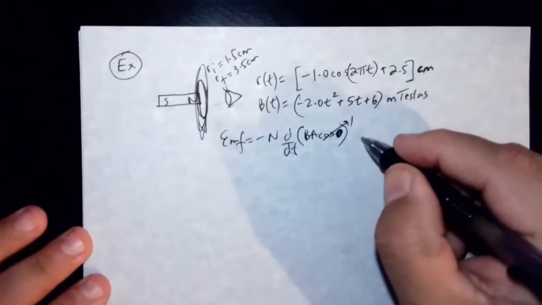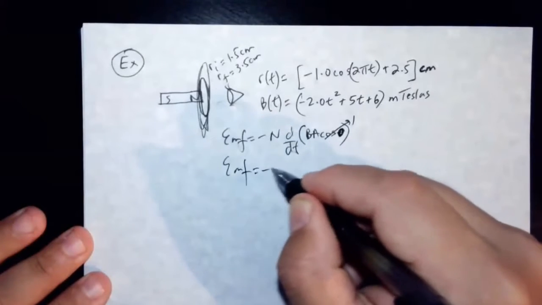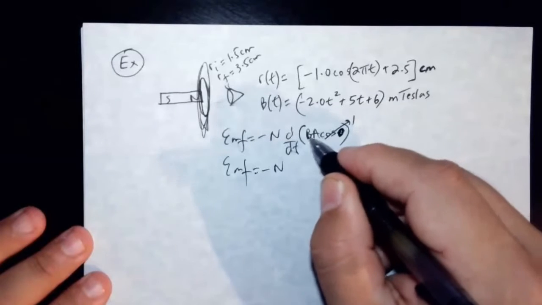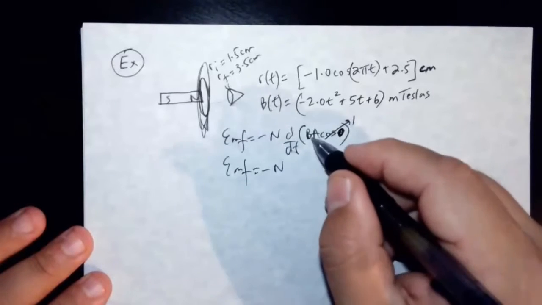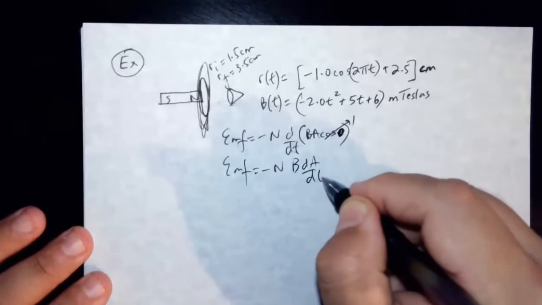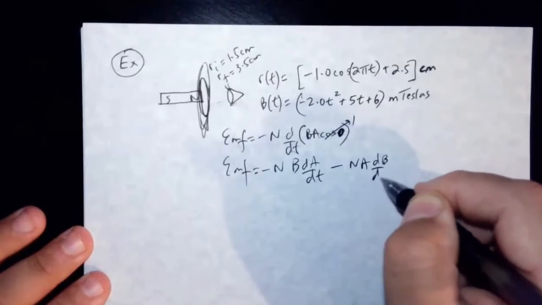So then we're going to do negative n, and then we're going to use the product rule. If two things are changing, then we're going to do negative nB dA dt, negative nA dB dt.